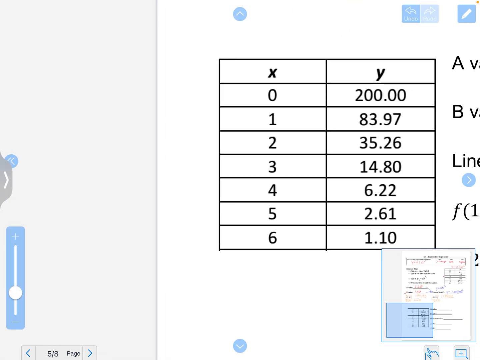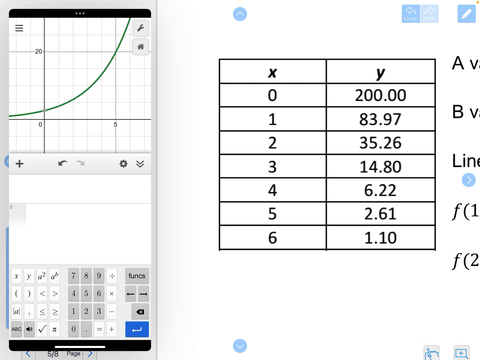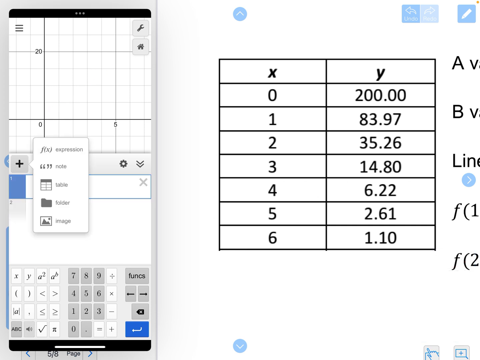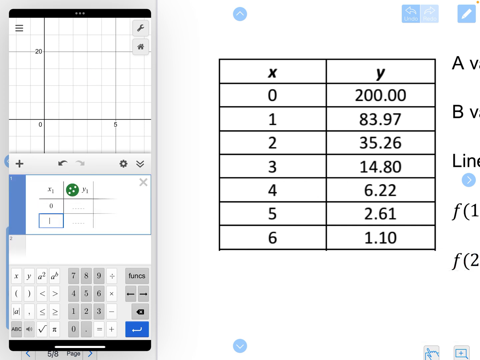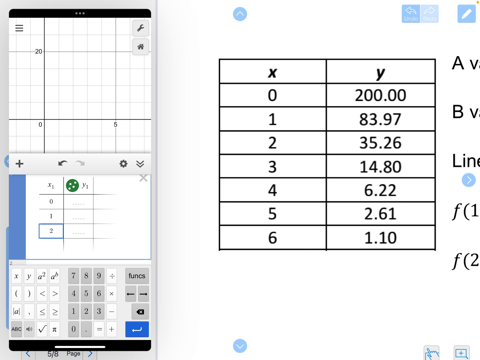So now let's do the same thing with our new table. So again, I'm going to hit the plus button, and I'm going to hit table. And then I'm just going to type everything in exactly as it is. I'm going to double check it 2 or 3 times to make sure I put in all the information correctly.